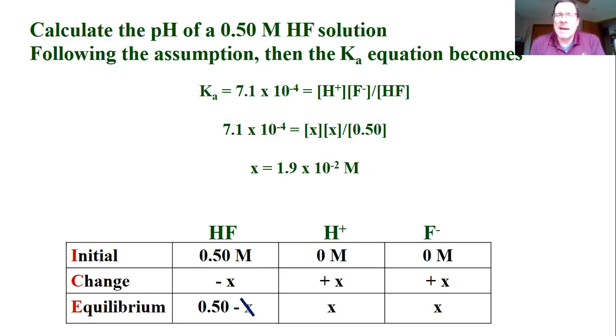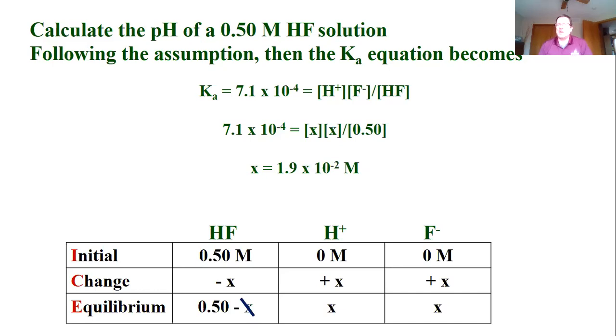Now I just solve for X. X times X becomes X squared. I multiply both sides by 0.5, and then I take the square root and isolate X. When I do all the algebra, here's my number, 1.9 times 10 to the minus second. That's my value for X.